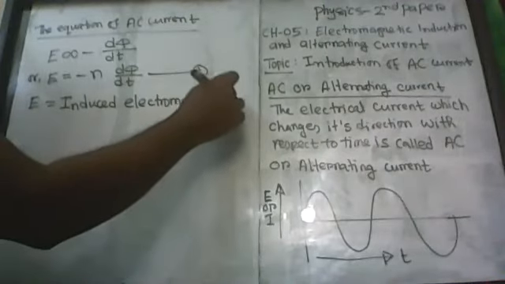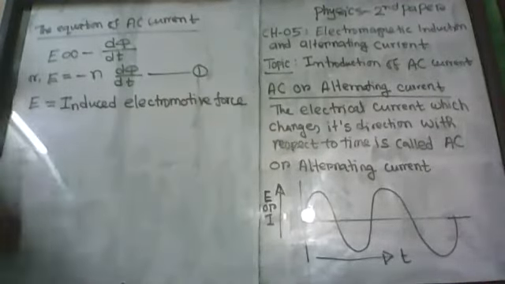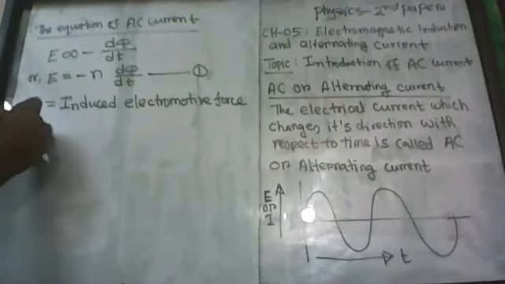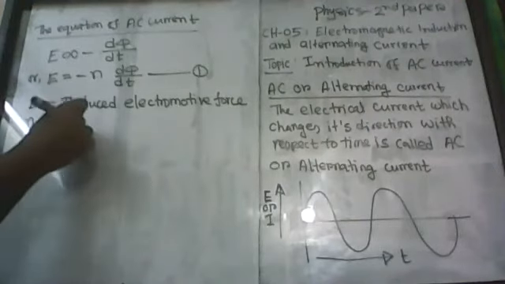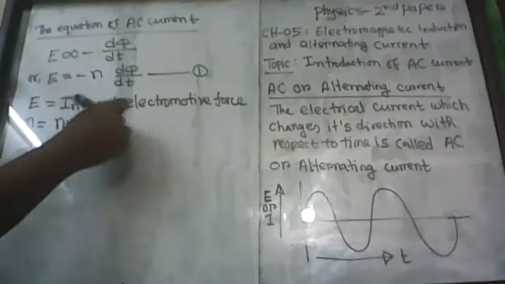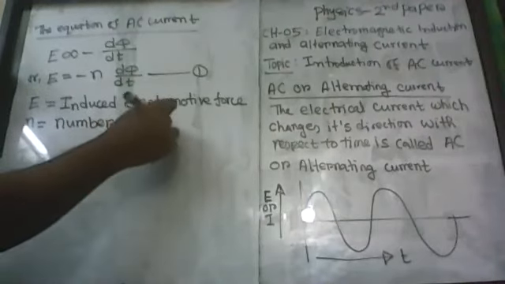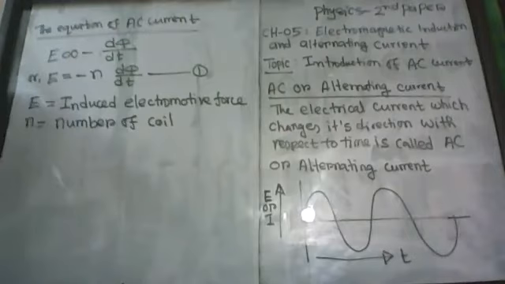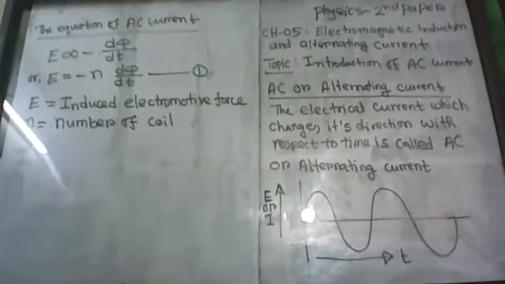N equals the number of coils, or number of turns.